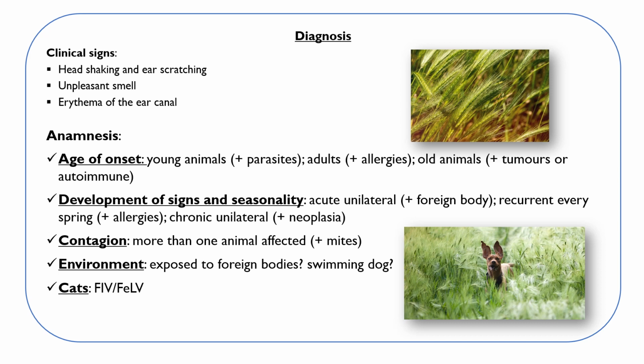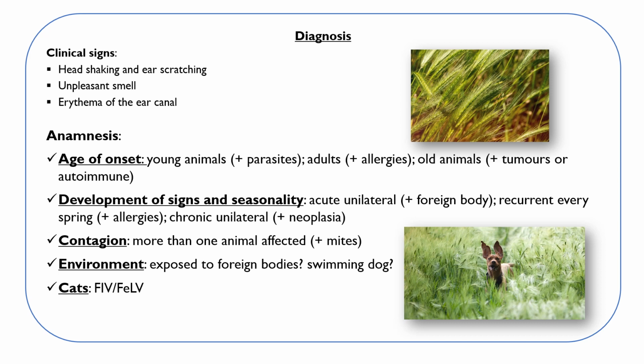Development of signs of seasonality. So an acute unilateral otitis is more likely to be caused by a foreign body. Where I come from, this kind of herb that you can see here in the image is a very common cause of otitis. If it is recurrent and happens every spring, it is likely that is an allergic otitis.